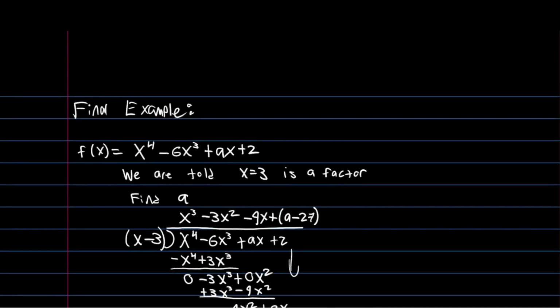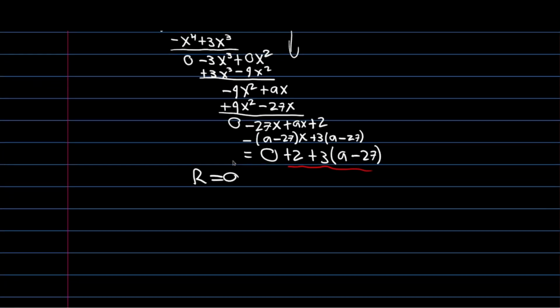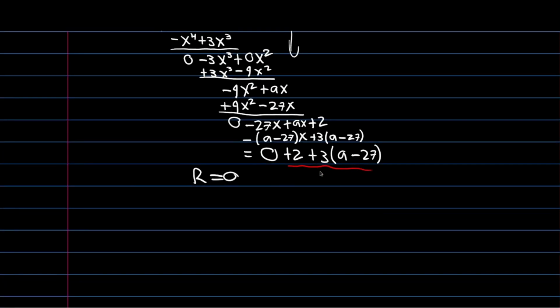We are told that x equals 3 is a factor, which means that this remainder r equals 0 if it is a factor, which means whatever a is must nullify this expression. So we can say that 2 plus 3 times a minus 27 equals 0, since x equals 3 is a factor.